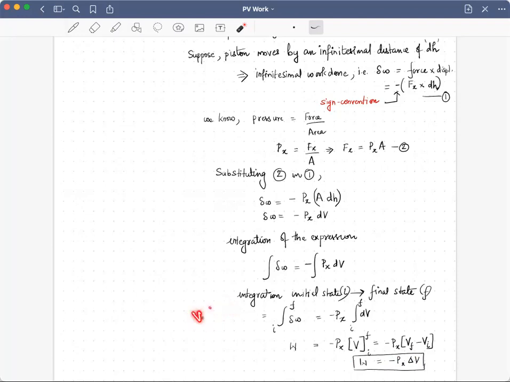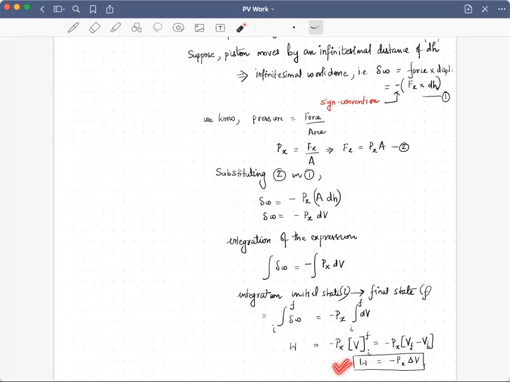That means V2 is a larger value, so V2 minus V1 would be positive, and work done in this case would be negative. So whenever work is done by the system, the sign convention is negative. However, if it is compression, that means work is done on the system, delta V would be negative, so negative and negative become positive, and the sign convention becomes positive.